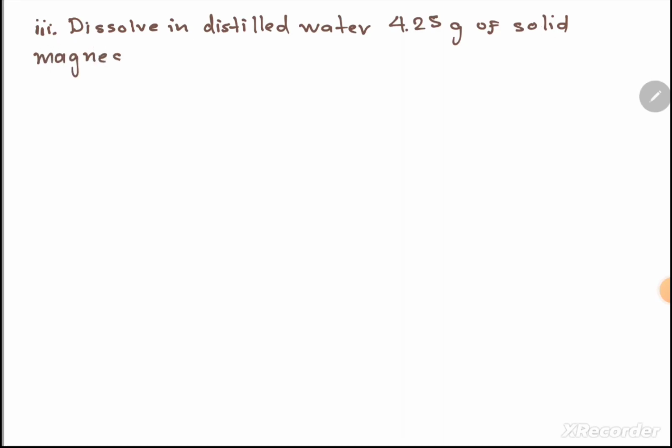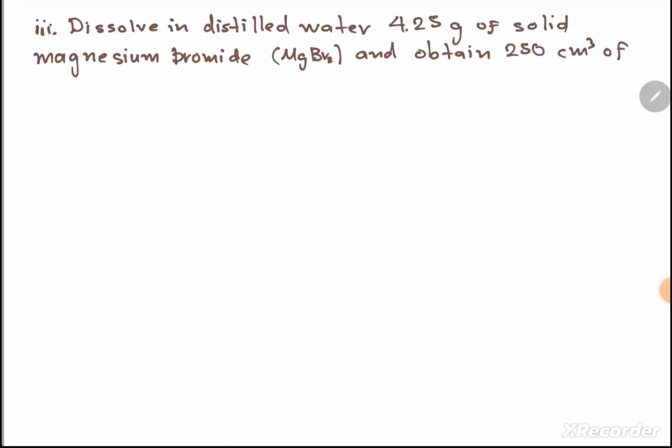Let's see the third example. Dissolve in distilled water 4.25 grams of solid magnesium bromide and obtain 250 cm³ of solution.